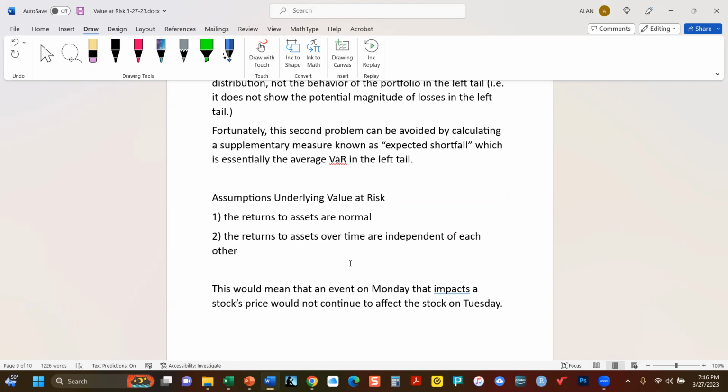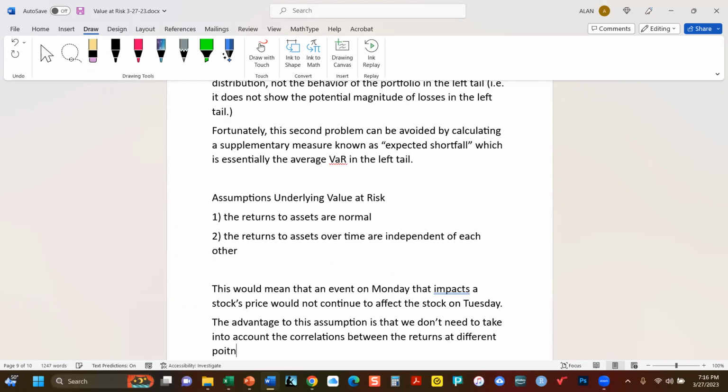But the advantage of this assumption is that we don't need to take into account the correlations between the returns at different points in time. Because if we did, that would take forever. It would be such a mess.